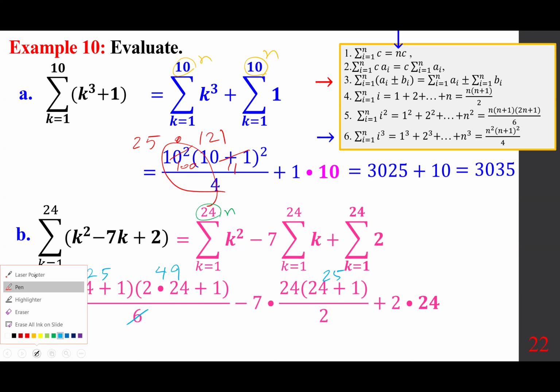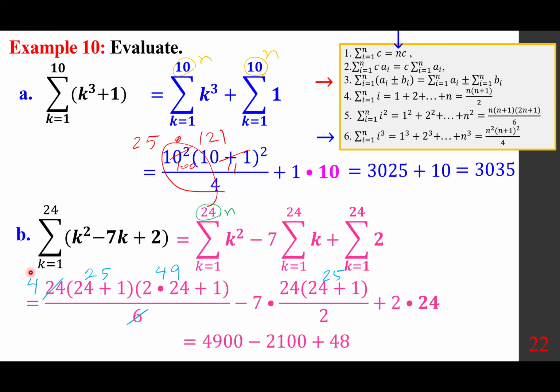So we do the math, we plug in, we end up with 4,900 minus 2,100 plus 48, which is 2,848 as the final answer.